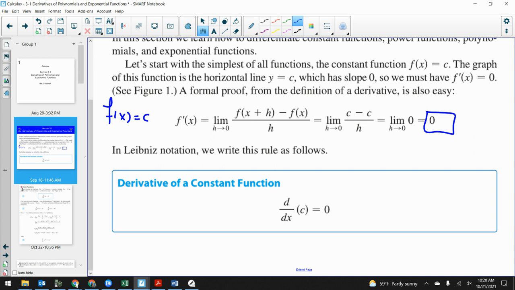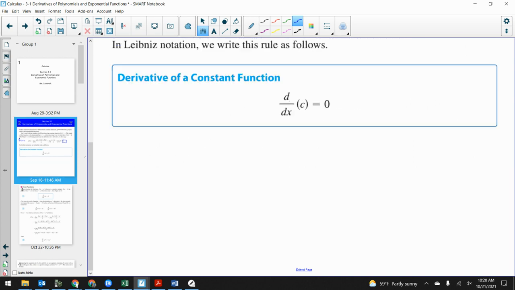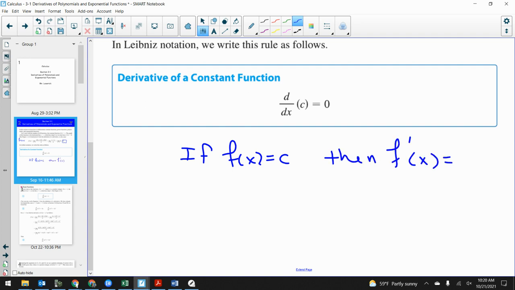If I apply the derivative on c, just the constant, it's equal to 0, okay? If I wanted to write this out in our old way, this whole statement could be written like this in Leibniz notation. If f of x is c, then f prime of x is 0.